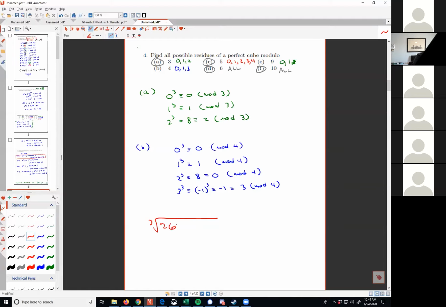262,144. Is the cube root 64? Yeah. Okay. Let's do one more. 50,653. 37?